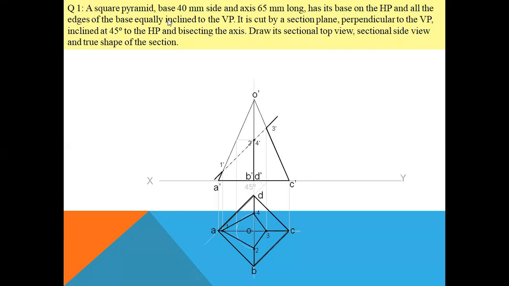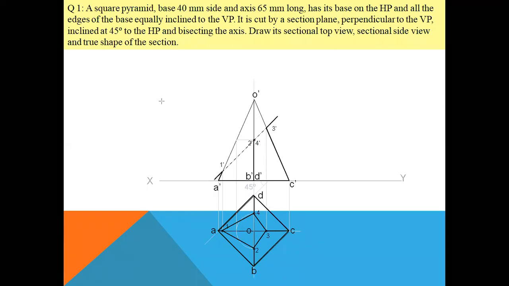So I'll draw an arrow to show this is the direction from which you are going to see, that is the direction perpendicular to this section plane. Okay, so if we see it from this side, what we are going to get is we have to draw lines perpendicular to this point. And till what distance you have to draw?